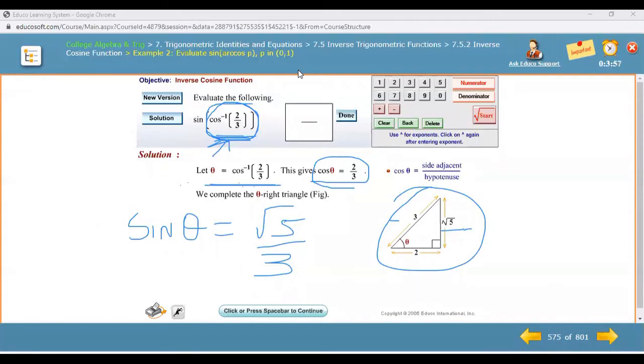Now, if during the exam you do not figure out the right answer, you just use your calculator. If you're using a scientific calculator, it will show you something like radical 5. If you calculate radical 5, let me show you.